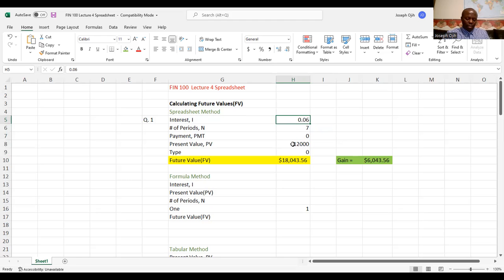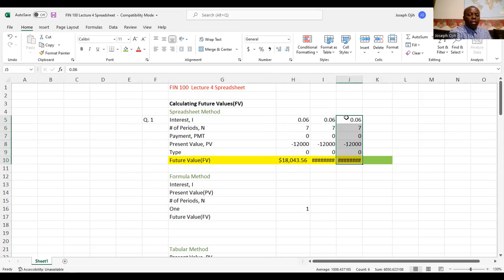The amount invested this time is $9,000. Now watch this, because since we have done the calculation already, the formula is already embedded here. So as I change the numbers, it will be changing. So I'm going to copy this and put this here.